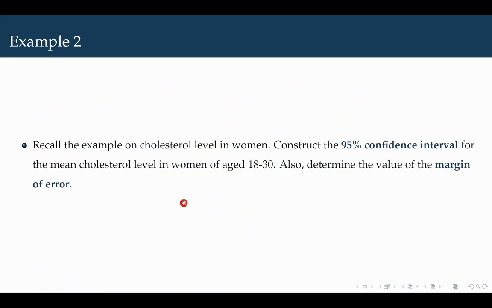And let's consider a second example on the cholesterol level of women. Let's construct the 95% confidence interval for the mean cholesterol level of women aged 18 up to 30.